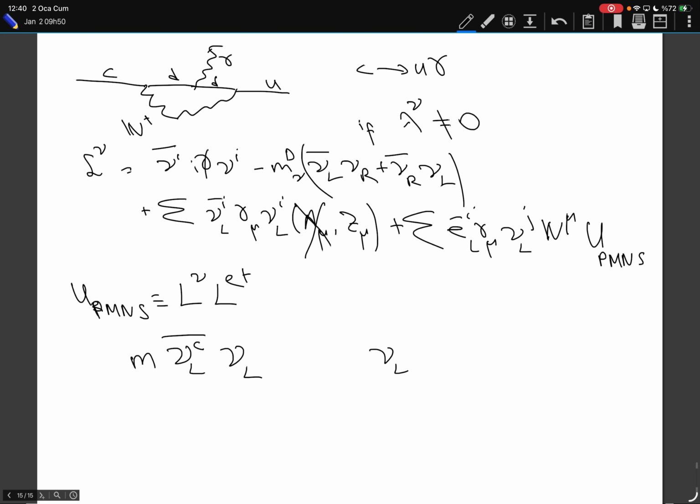And nu_L^c, in terms of the two component spinors, is actually i sigma 2 times nu_L star. In principle, I can also have such a mass. This is called the Majorana mass.